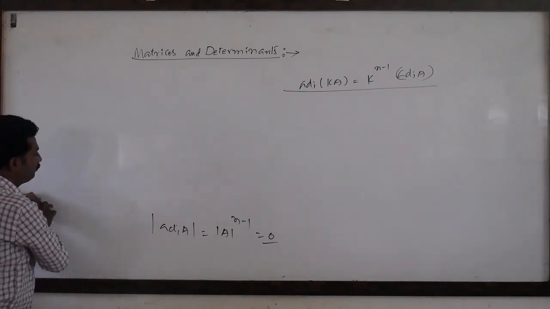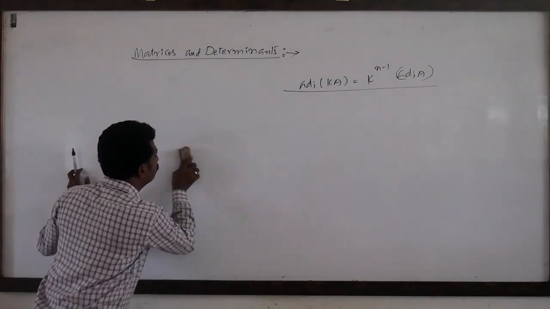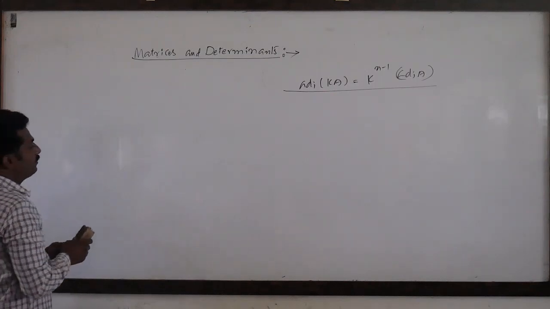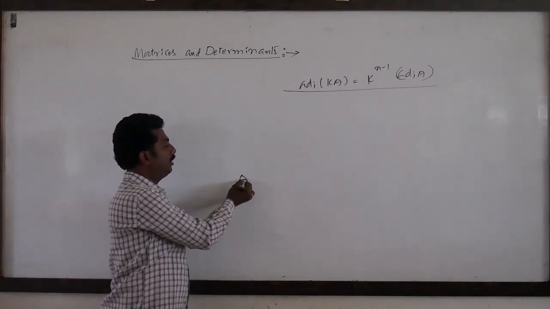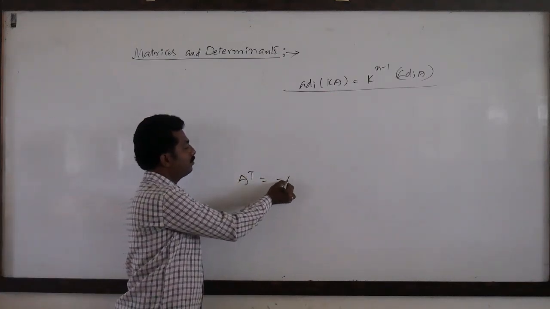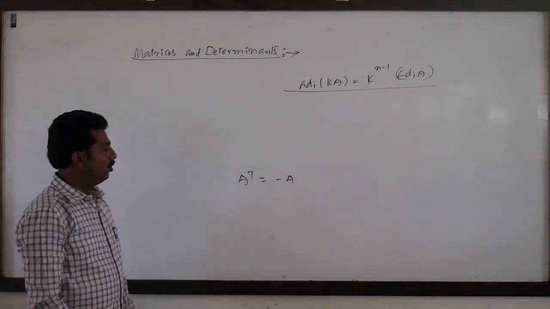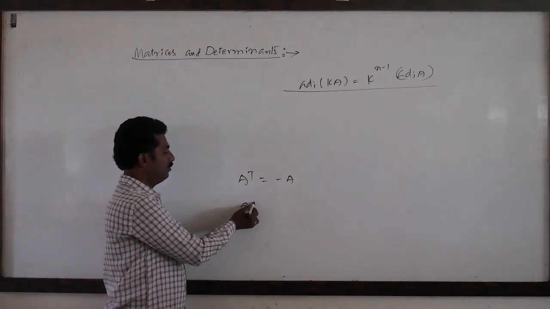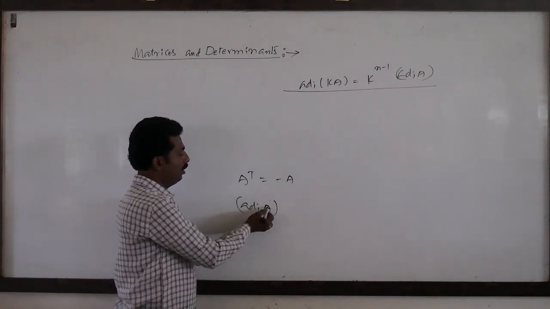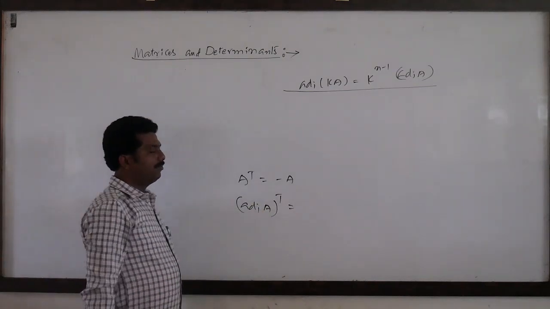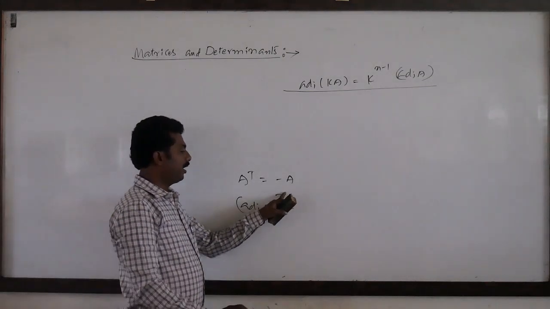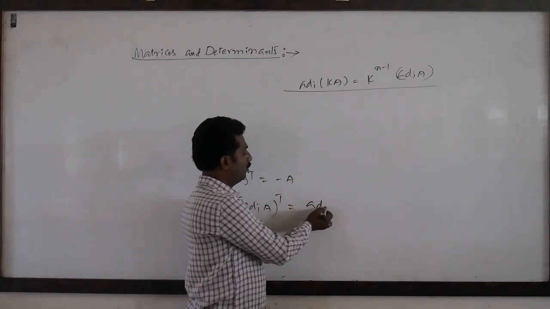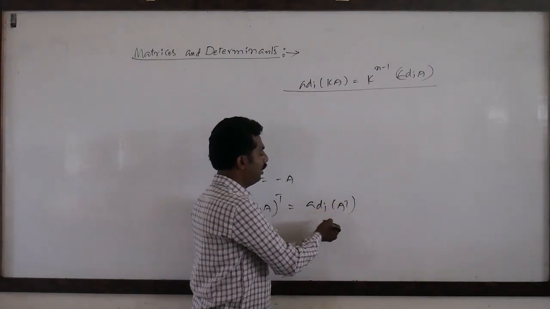Next. Suppose A is skew symmetric matrix. What is skew symmetric? A transpose equals minus A. What is adjoint of A? Whether it is skew symmetric or not, I am taking adjoint of A transpose.